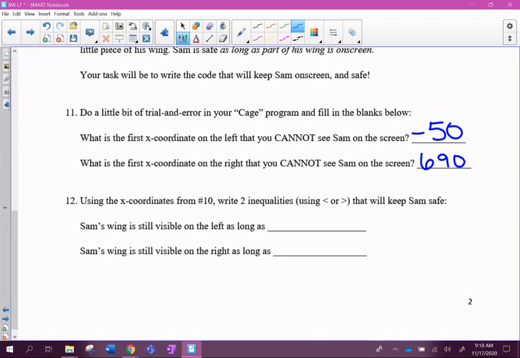So my inequality here is going to be x has to be greater than negative 50. Okay, the same thing would be true for the right-hand side of the screen, right? 690, I can no longer see him. So x has to be less than 690. So my x value has to be somewhere between those two numbers for us to be able to see Sam.